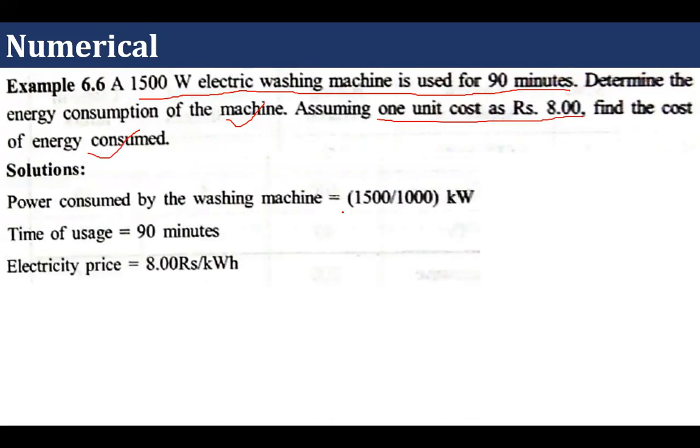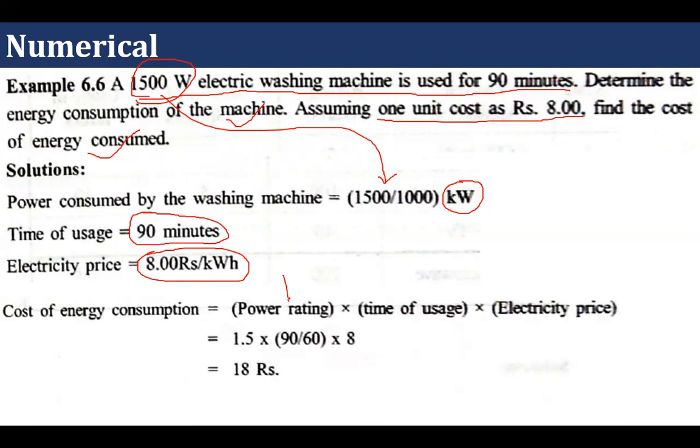So power consumption, suppose I want to find out in kilowatt, I will divide this watt by 1000, so the value will become kilowatt. Time usage is 90 minutes, and electricity price is 8 rupees per unit or per kilowatt hour.